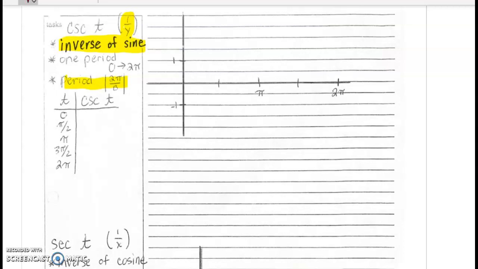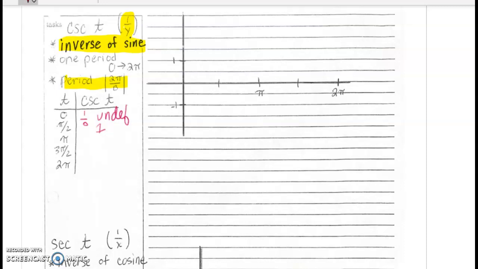So at 0, on my unit circle, my coordinates are 1, 0. I'm looking for 1 over my y value. My y value is 0, so there I'm going to be undefined. At pi over 2, I have 0, 1, so that would be 1 over 1. So at pi over 2, I'm at 1. Just using the 1 over y right here.